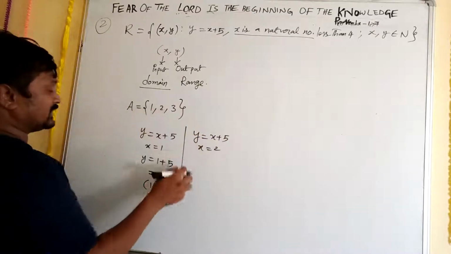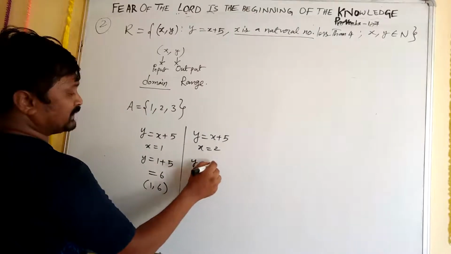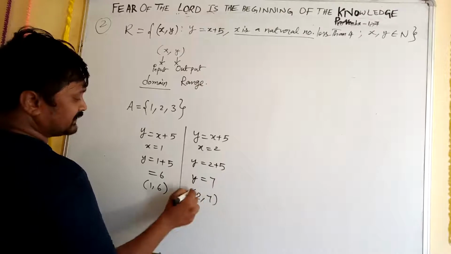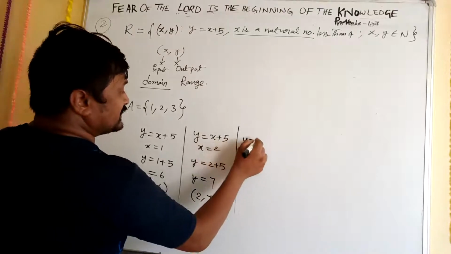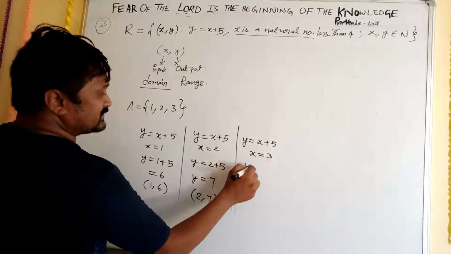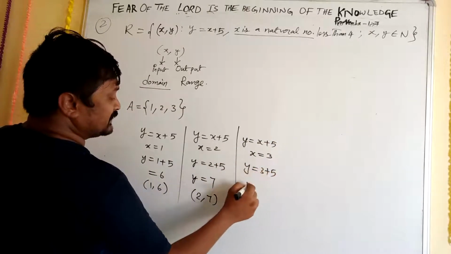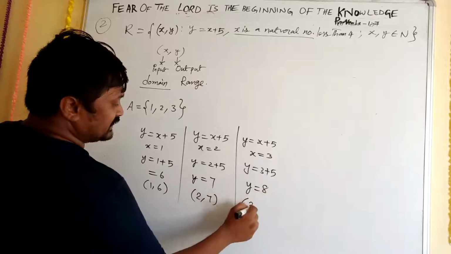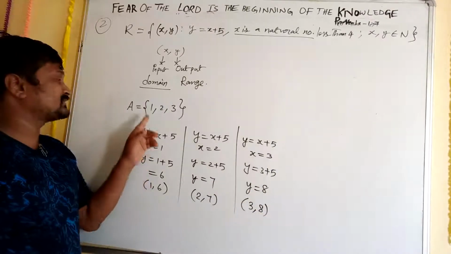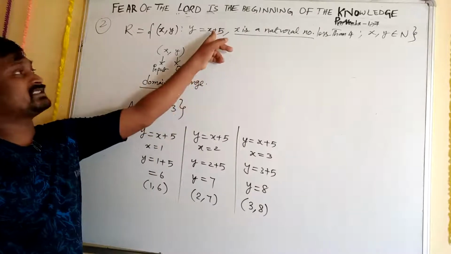So y is equal to 2 plus 5, y is equal to 7, that is 2 comma 7. And for the next, y is equal to x plus 5, x is equal to 3. So y is equal to 3 plus 5, that is y is equal to 8. So 3 comma 8.